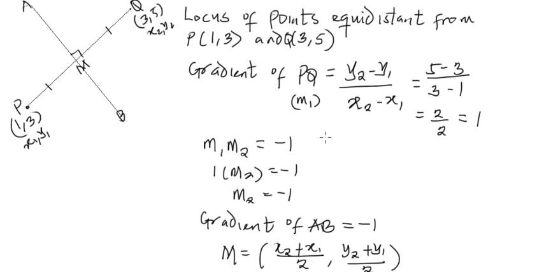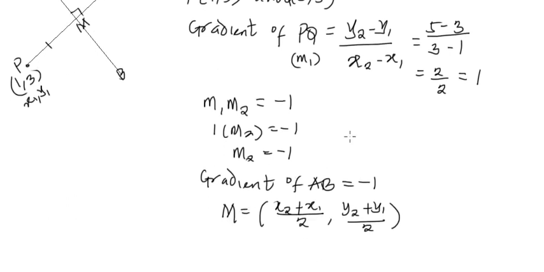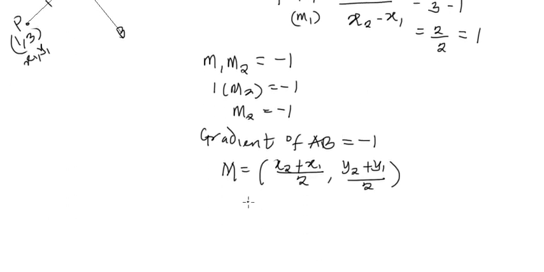So let's solve that. x2 from the question is 3, so we have 3 plus 1 divided by 2, and y2 from the question is 5, so we have 5 plus 3 divided by 2. 3 plus 1 is 4, and 4 divided by 2 equals 2.